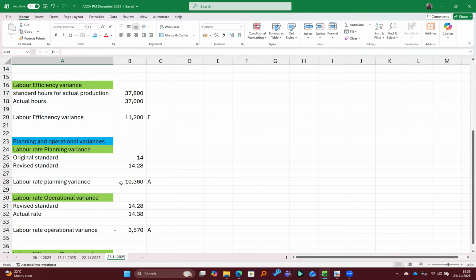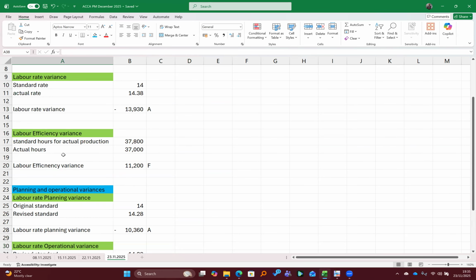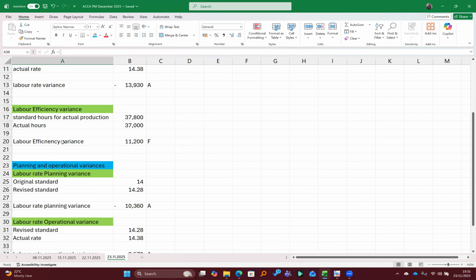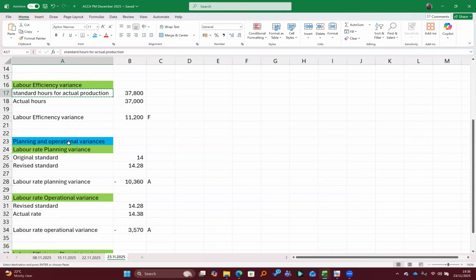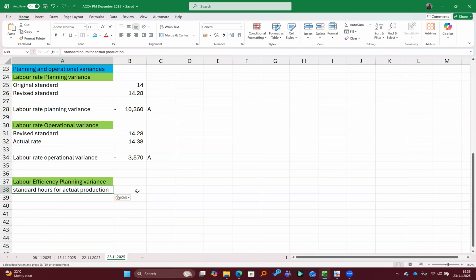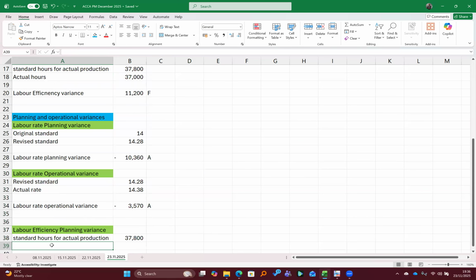For the planning variance, we start with the standard hours for actual production, which should be 37,800. These are the original standard hours for actual production.